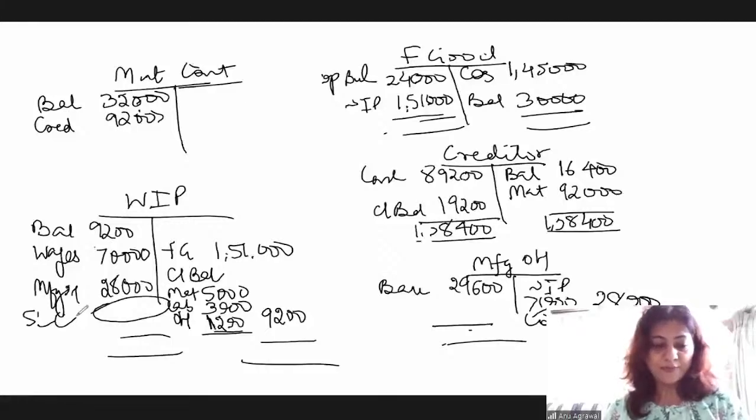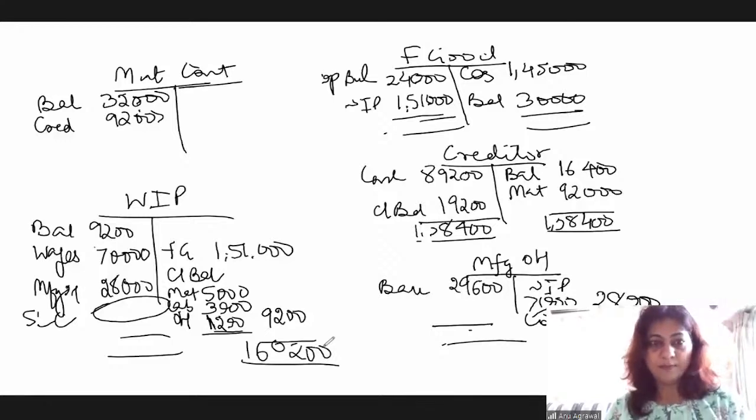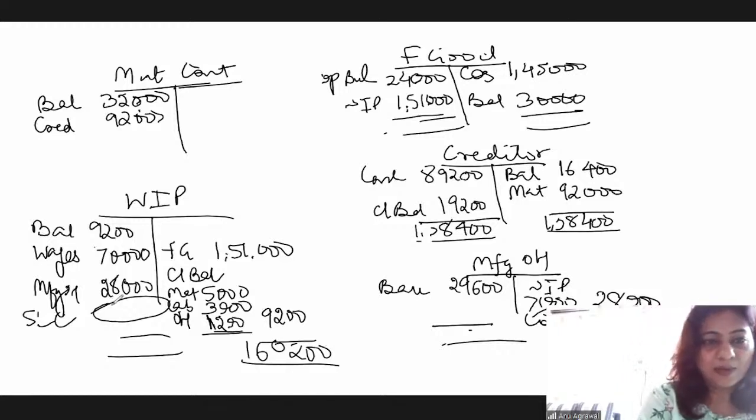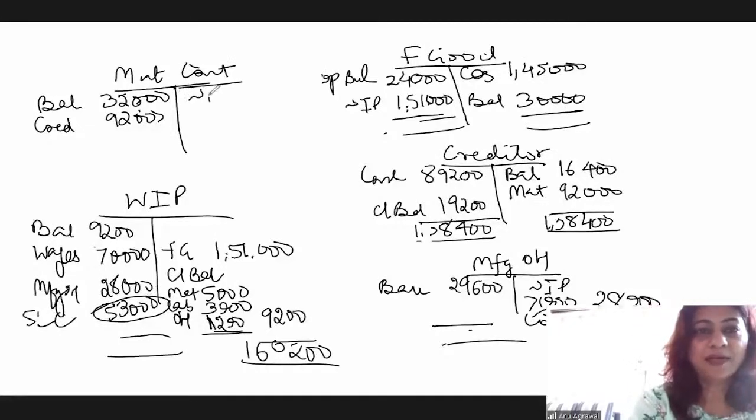It is 1,51,000 plus 9,200, 1,60,200 minus 9,200 minus 70,000 minus 28,000. I get out with a balance of 53,000. Yes, that means this is the amount I have transferred to WIP. 53,000.